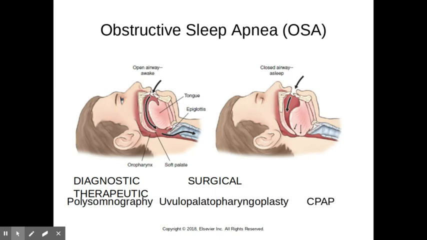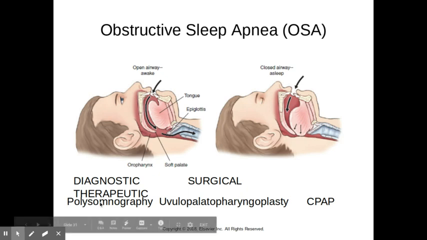Now, you can have certain surgical procedures, but you need to have it diagnosed first, right? So a polysomnography, process of recording many sleeps. Okay. So they're studying your sleeping pattern.